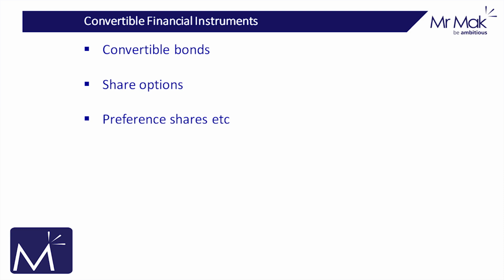Examples of other financial instruments that could qualify to be converted into ordinary shares include things like convertible bonds, share options, convertible preference shares, and so forth. The diluted earnings per share calculation assumes that all these instruments have been converted into ordinary shares and provides an earnings figure based on this assumption.